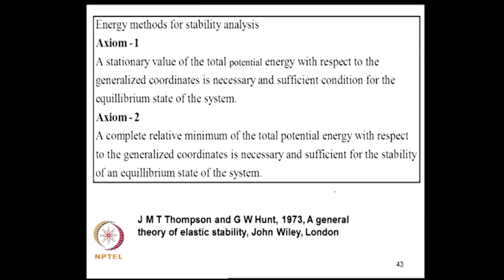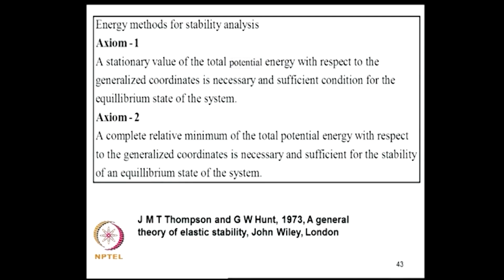Now, in the next part of our lecture we will consider energy methods for stability analysis. This analysis will be based on two axioms. Here I will simply state the axioms, and we will consider what they mean in the next lecture.